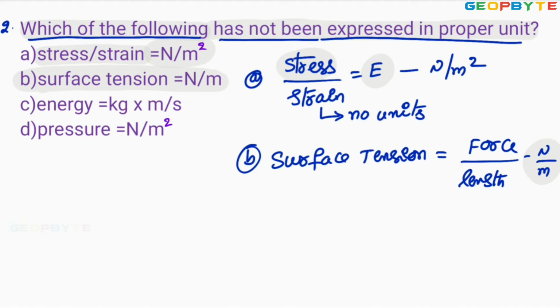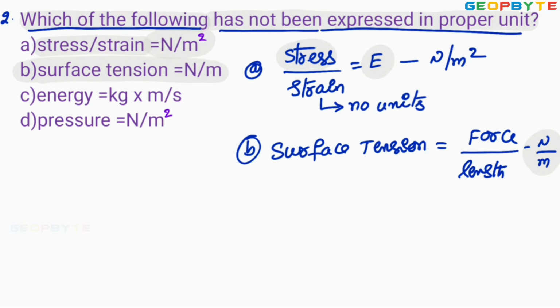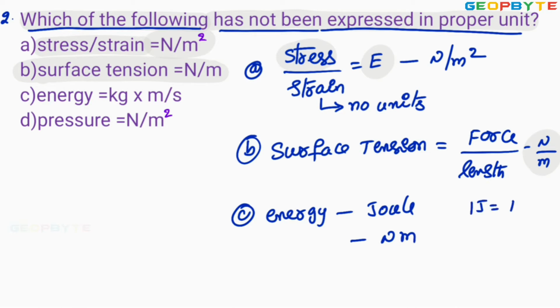Therefore, option B is not our option. Come to the third option, that is energy. Energy unit is joule. Joule means Newton meter. It means 1 joule equals 1 Newton meter.